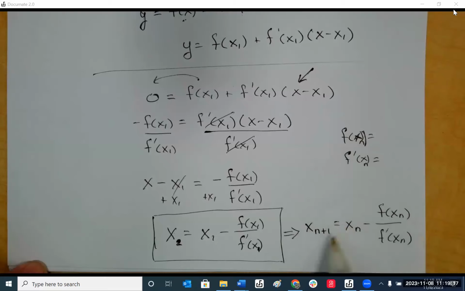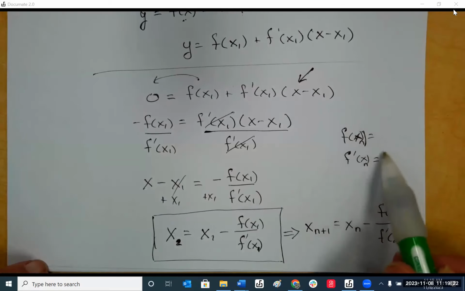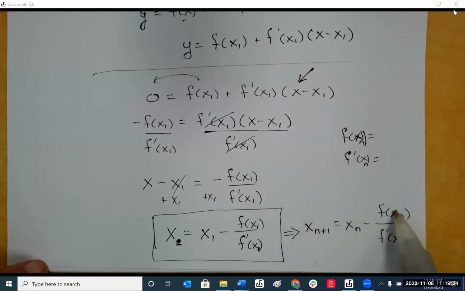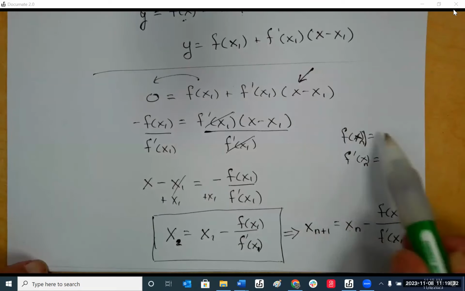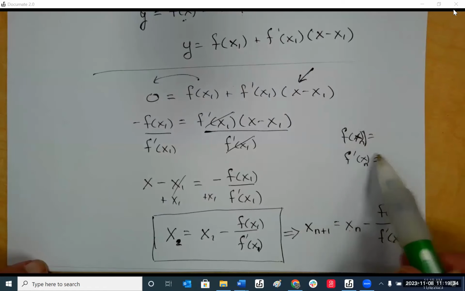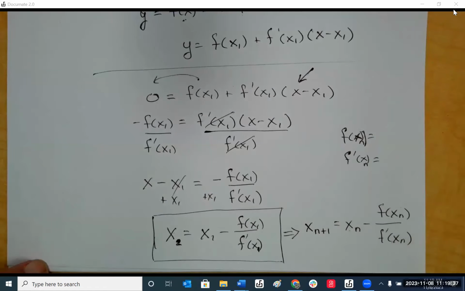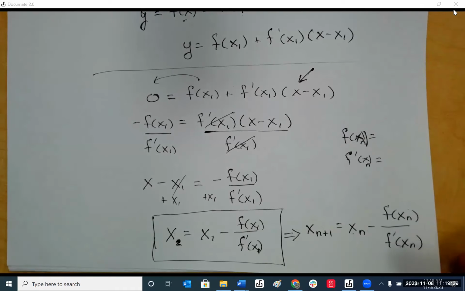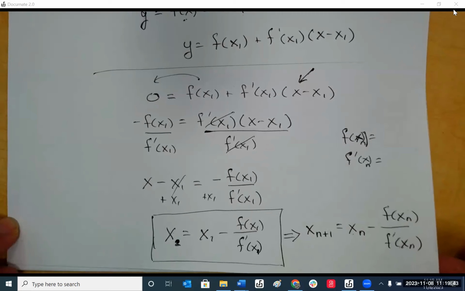With whatever x n we put in there, we find the function and the derivative of the original one. Plug it in, take our initial value, subtract this ratio, and that gives us our next value. Then we take that value, plug it in here, and it keeps on going.